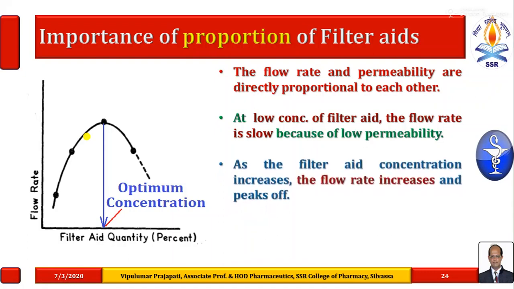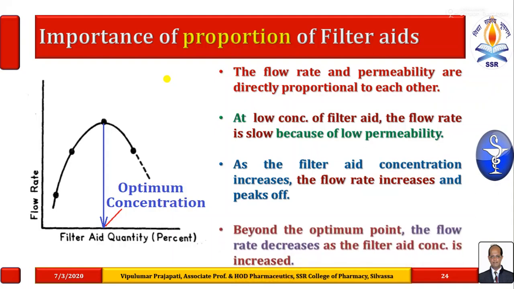As the filter aid concentration increases, the flow rate increases and peaks off. So the peak maximum itself indicates the optimum concentration of the filter aid for the respective slurry containing solids.